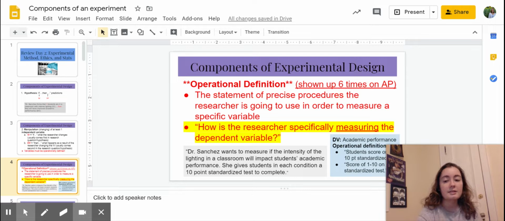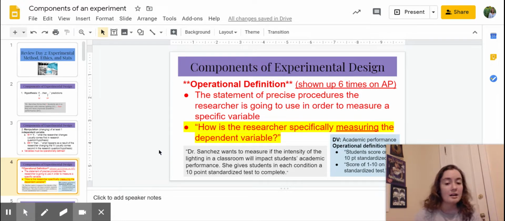So let's go back to our example of Dr. Sanchez, who wants to measure the intensity of the lighting in a classroom and how that's going to impact students' academic performance. So she gives students in each condition a 10-point standardized test to complete.